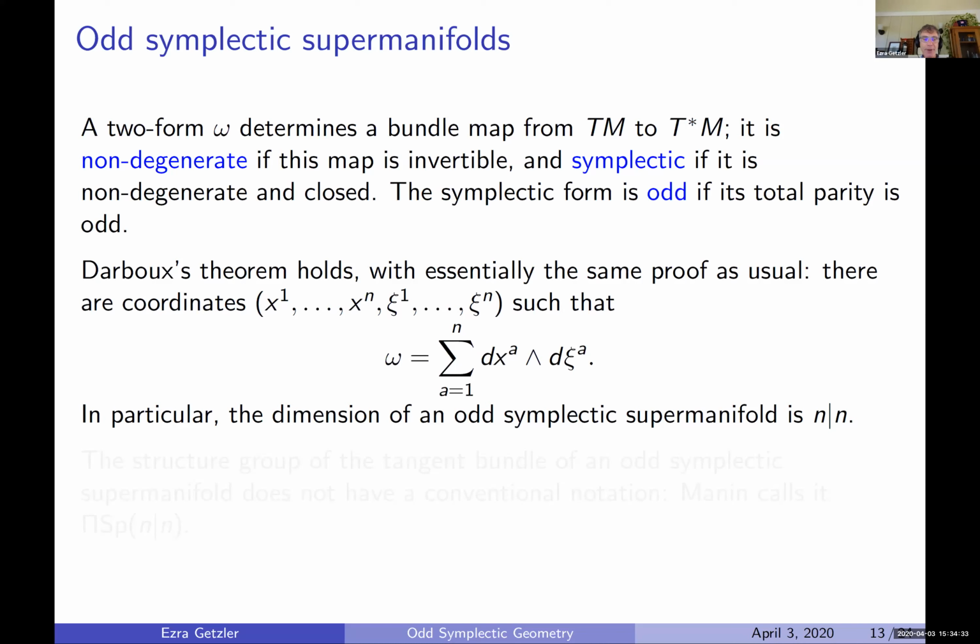So just a parenthesis, which I didn't put in the slides, in the physics literature, one of the coordinates in these pairs will be called a field, and the other one will be called an anti-field. This is the terminology that was introduced by Batalin-Vilkovisky.